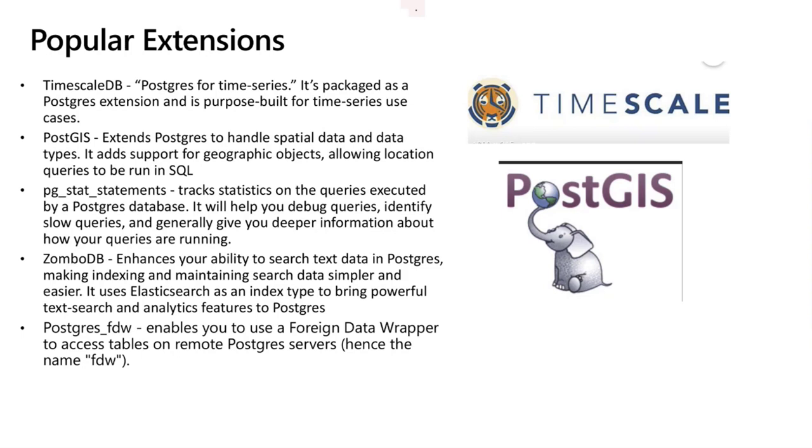We have customers who use it, for example. It mimics more of a textual search in Postgres, sort of like Elastic. It actually uses Elastic under the covers once you install it, to bring all the powerful text search and analytics indexing into Postgres.